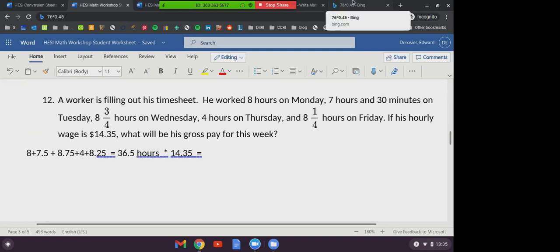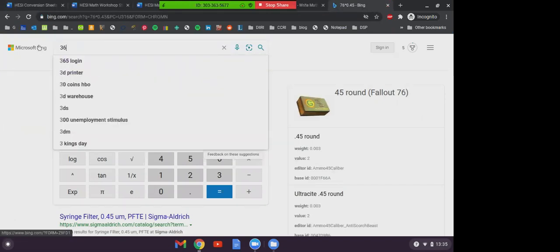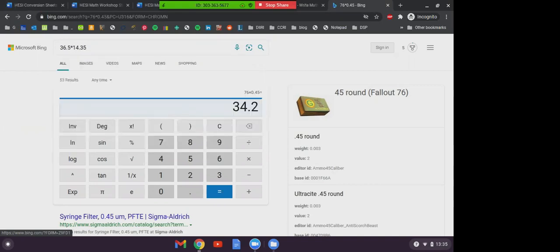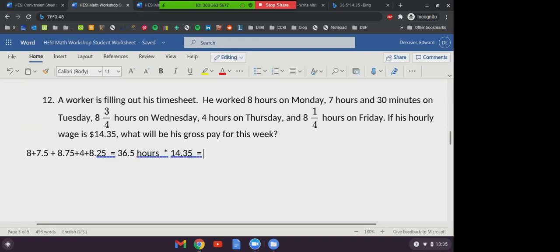So 36.5 times 14.35, I think, is 523.775. So we can put that here. But we have to round it because it's money, to the nearest cent. So we'll round that to 78 cents. Okay, so $523.78 is how much the gross pay for the week would be.